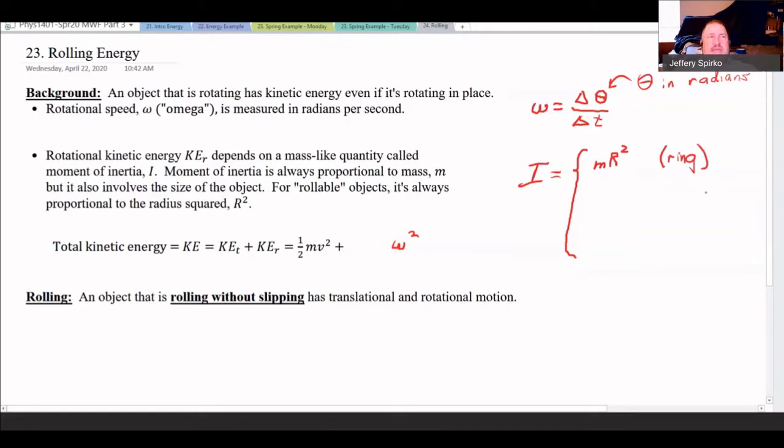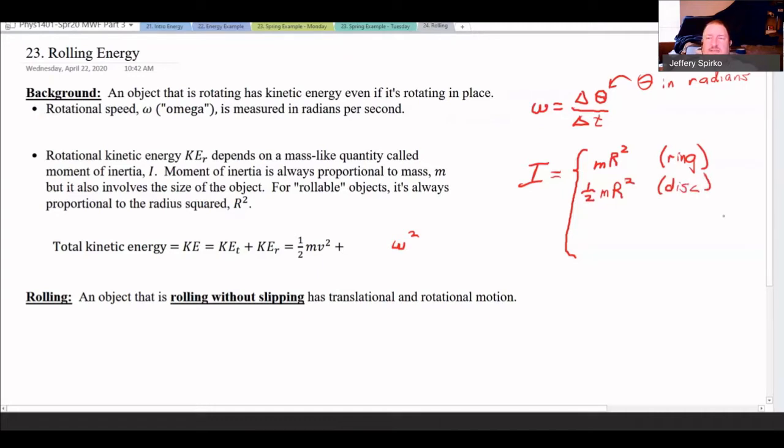If you think of a hollow cylinder or a ring rolling downhill, then the moment of inertia is just mr squared. If that cylinder or ring is solid, then that moment of inertia becomes 1/2 mr squared. And that would be for a disk.